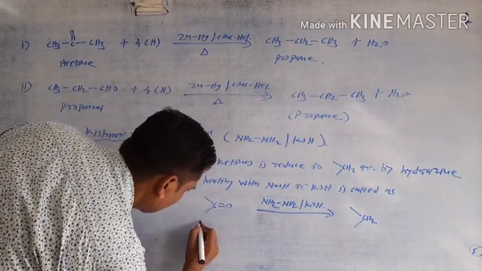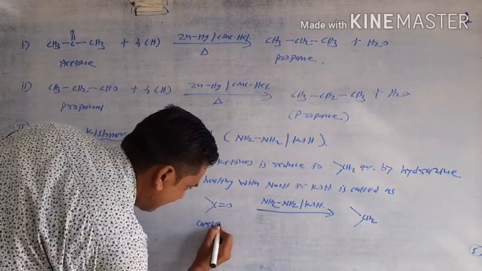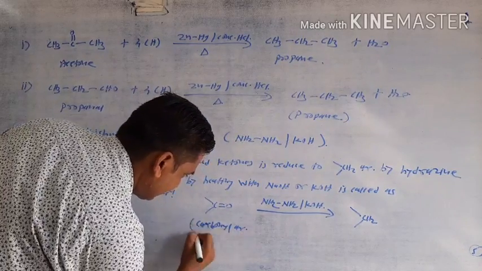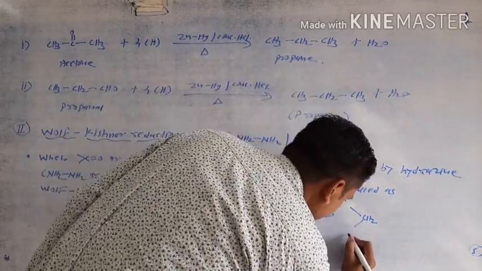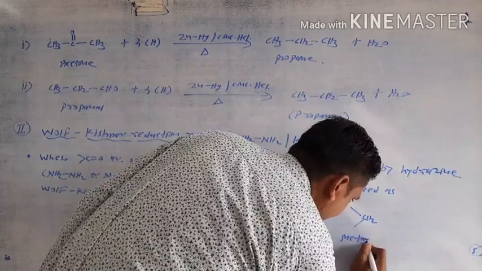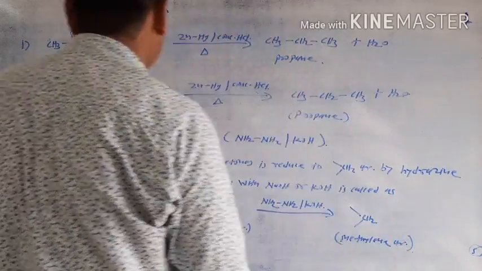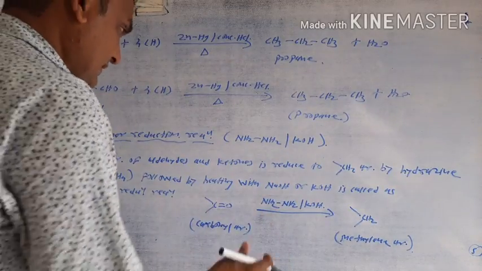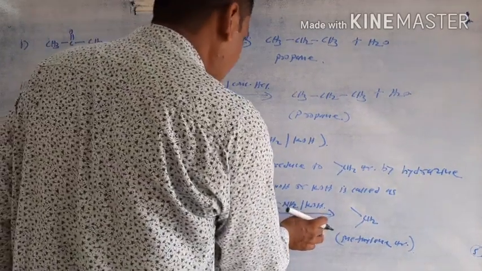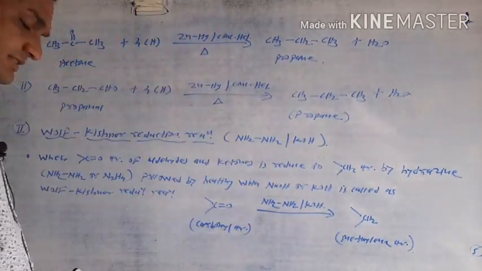This one is the carbonyl group. Carbonyl group is converted into the methylene group. This is the general reaction for the Wolff-Kishner reduction reaction. Here the hydrazine in presence of KOH is the reagent for the Wolff-Kishner reduction reaction.